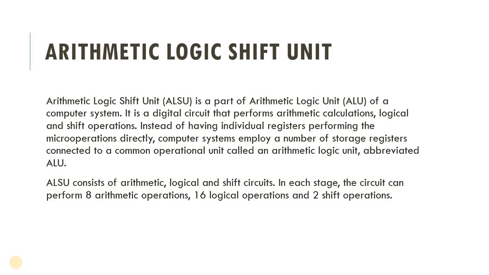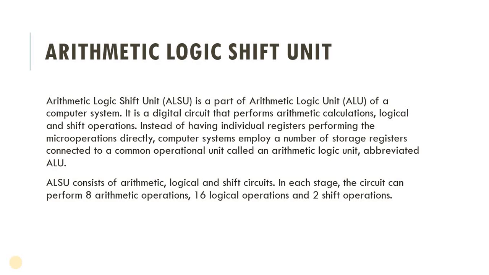It also contains the arithmetic micro operations. So we are building one circuit that performs arithmetic as well as logical and shift operations. We are just using one circuit, and based on the input values the circuit performs arithmetic functions or logical functions or shift operations.